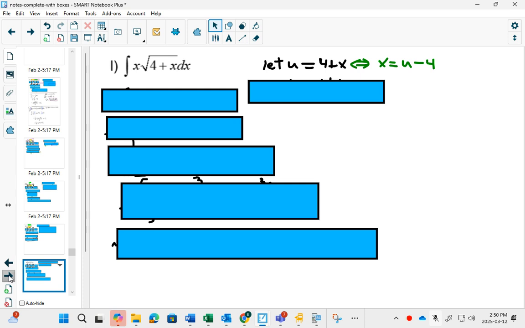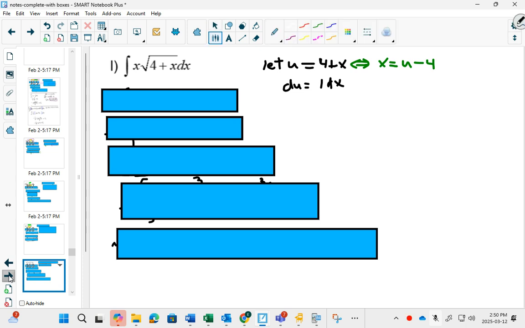Because if I did the derivative du dx, it's just du is dx. So as far as the purple box goes, the only thing that I can replace that is that. But my black and my green at the beginning allows me to substitute the 4 plus x for a u and the x for u minus 4.